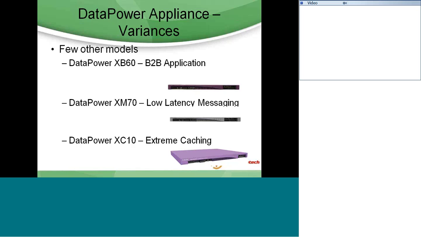The XM70 and the XC10 are used together with one of the other appliances. Whenever you need a high level of messaging throughput, you can use the low latency messaging appliance, the XM70, with an appliance like the XS40 or XI50. The XC10 is extreme caching. If you want very high-level caching, you can use the XC10 with the support of the XI50 or XS40.